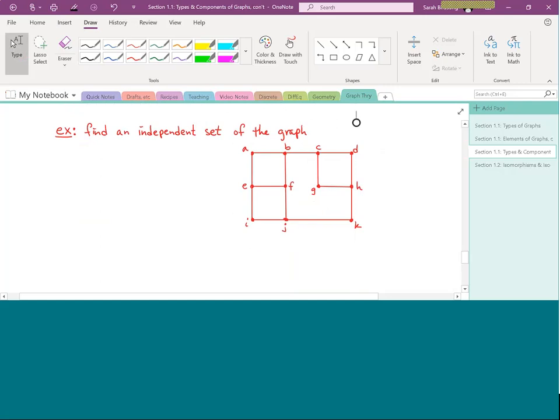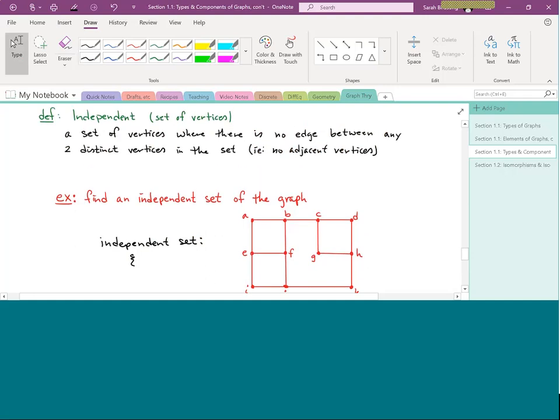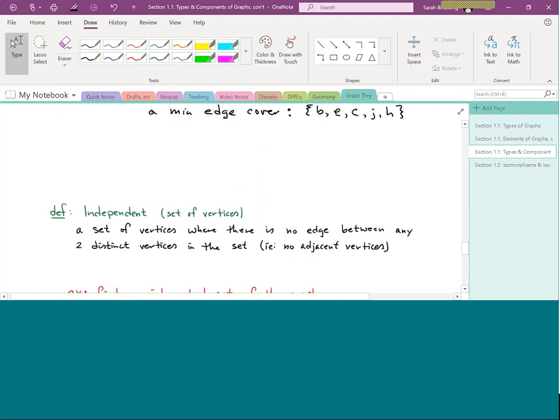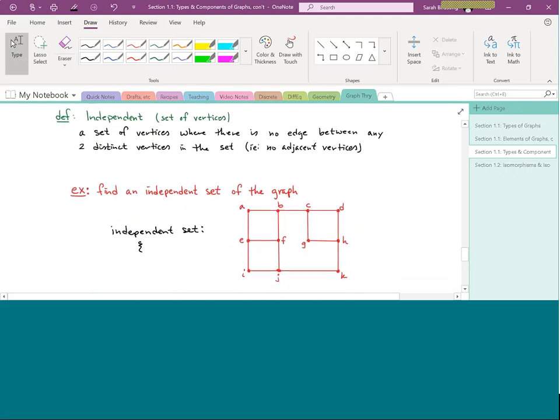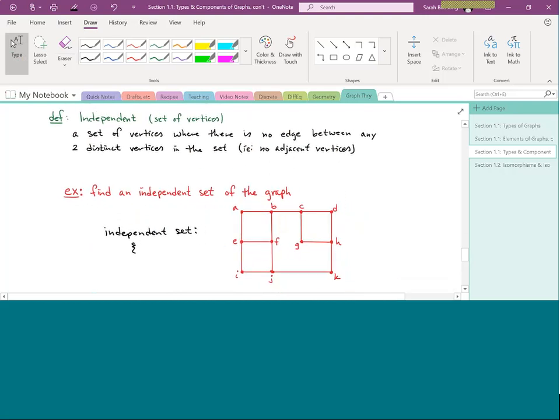So here, if we want to look for an independent set, here's what we've got. Actually, let me be smart about this. Let's actually keep the definition at the top. There we go. So what do you guys think? Anybody have a guess for an independent set?